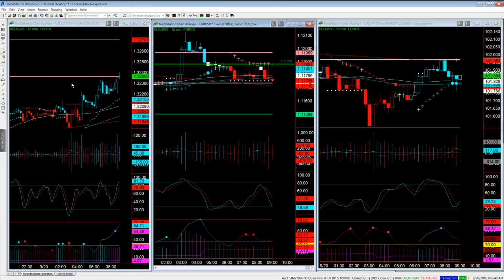This pinkish line here is from the floor trader pivots, okay? So this is an area, if you see a reversal bar, you could actually take a short if the volume agreed with it.